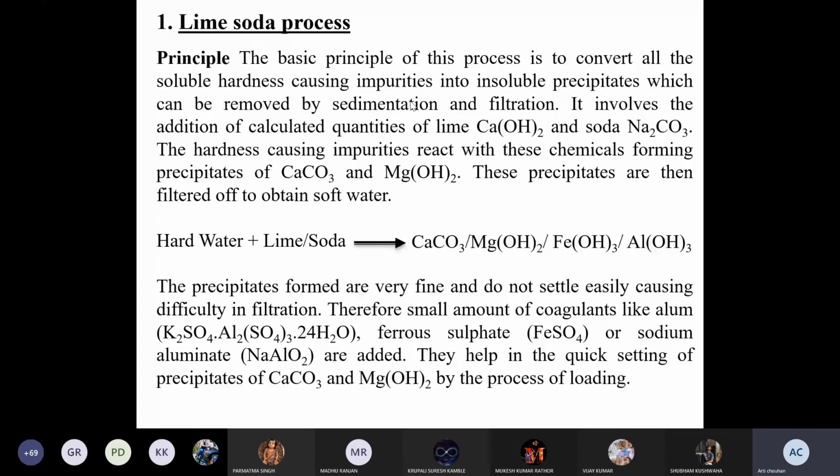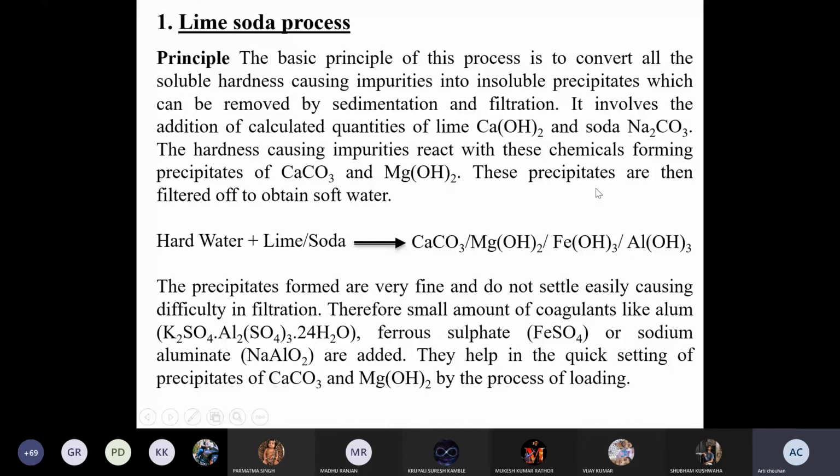After understanding the principle, the hardness causing impurities react with these chemicals, forming precipitates of calcium carbonate and magnesium hydroxide. Calcium carbonates and the hydroxides of the rest of the ions have a tendency to be in precipitate form. These precipitates are then filtered off to obtain soft water. So here we have hard water.